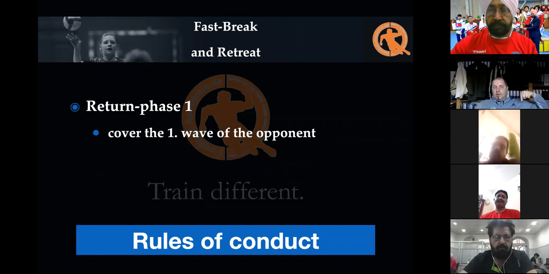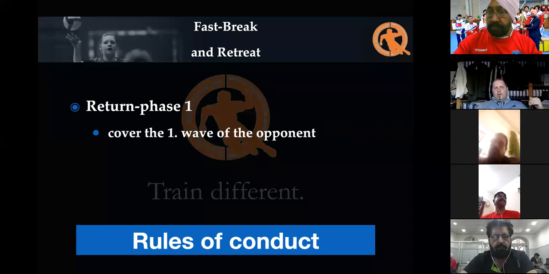And the player who is in that moment in the corner and in the next moment will be defender, the one who defends against that wing player who is running for fast break, he will never have a chance. Because from the corner, you will never be able to run so fast that you can cover that wing player in attack. So in that moment, it must be the backcourt players who run back because they are close to the wing defenders. They must run fast and they are the ones to cover the first wave of the wings.